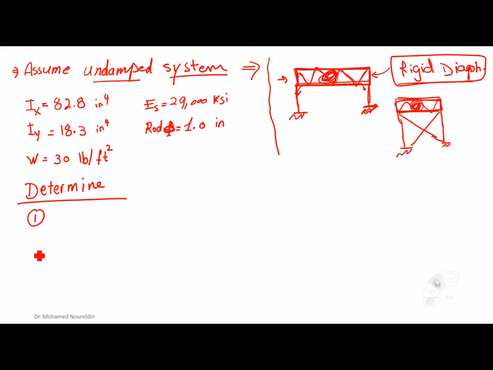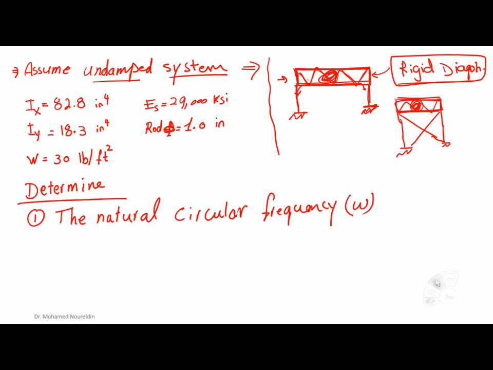But before going into the equation of motion, we need first to know the natural circular frequency. All of our equations of motion, if you go back to the previous video, you're going to find that omega is going to be there. So this means that we need to know what omega is.